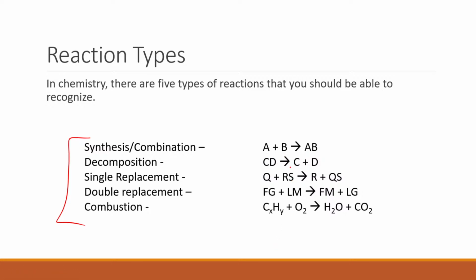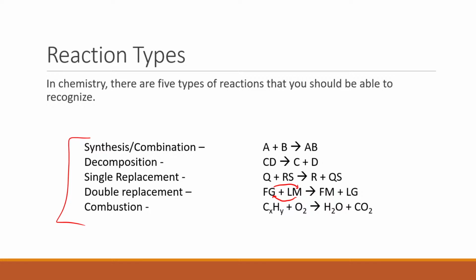Single replacement involves an element by itself taking the spot of an element that is in a compound. A double replacement involves 2 elements swapping partners in 2 different compounds. And a combustion is the reaction of a hydrocarbon with oxygen to make water and carbon dioxide.